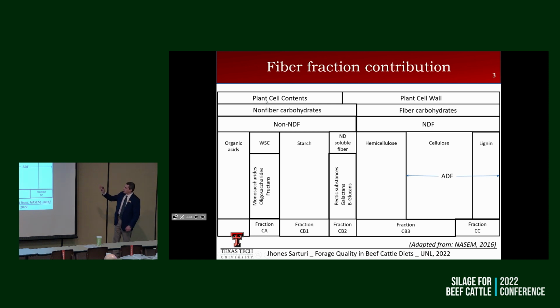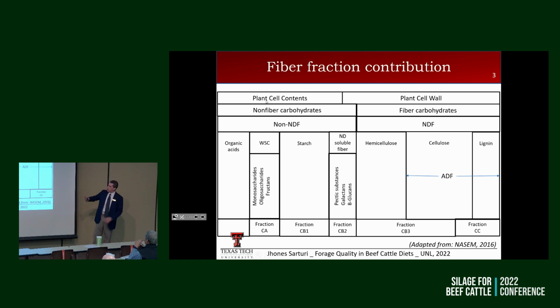I always like to talk a little bit about this, because we can plug in several concepts that we learned throughout the day today. The previous speakers set the ground very well for me, saving me a lot of time. This graph over here I just took from the most recent National Academies of Science, Engineering, and Medicine book, 2016.